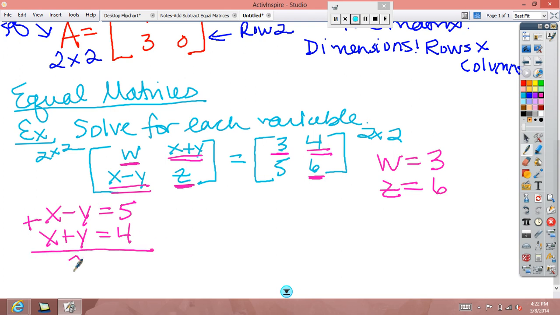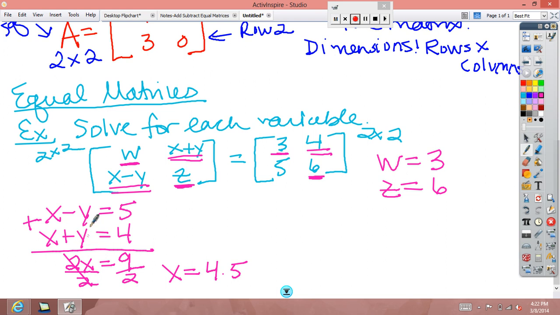So x plus x equals 2x. 5 plus 4 equals 9. Divide by 2. And x equals, we can make it 4.5, that's okay. And now I know x, I can plug back in to get y.